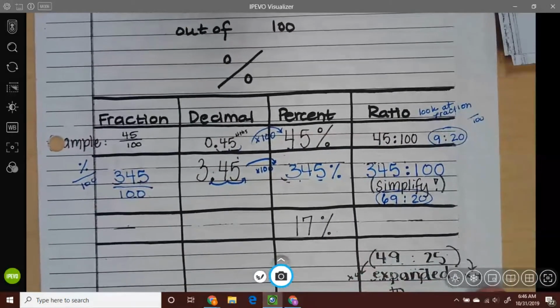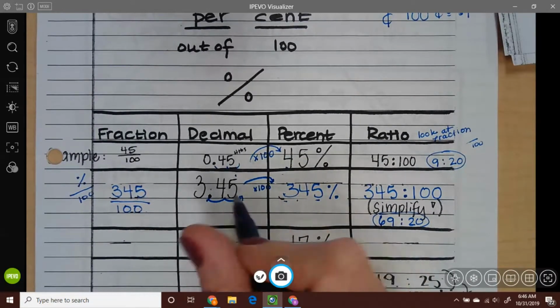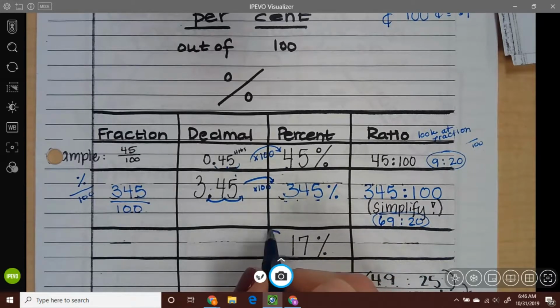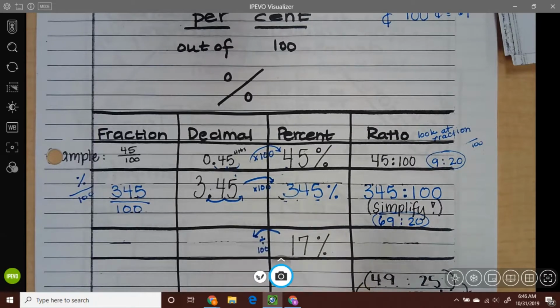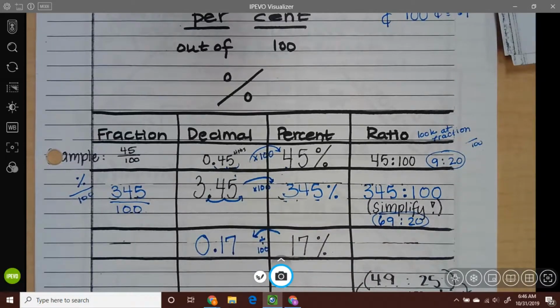So 17%. If I was multiplying here to get to the decimal, I would do the opposite, which is dividing by 100. So that should be 17 hundredths, because I would just move my decimal place 1, 2 times.